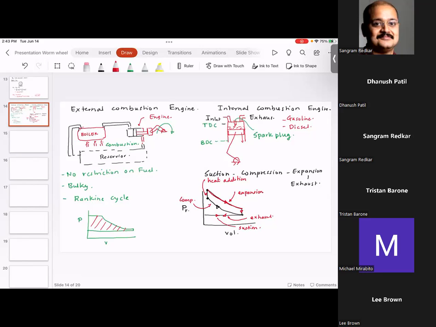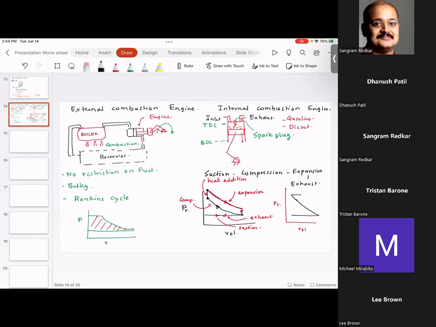So in the case of the diesel cycle, this is pressure, this is volume. You have suction, this is just air, you have compression, this is just air, and this is where the fuel is sprayed or atomized.